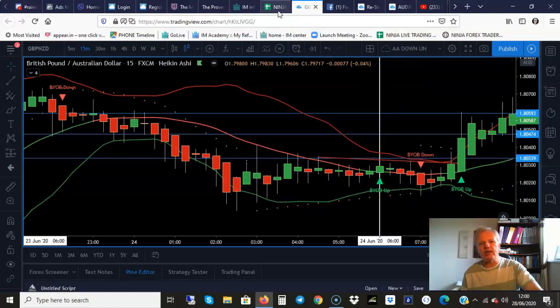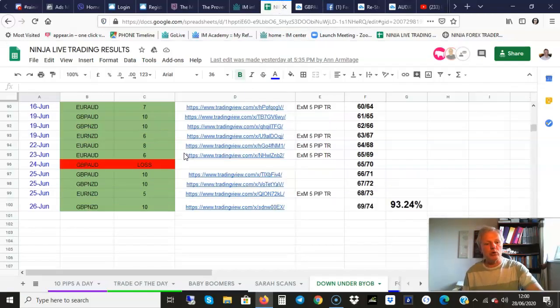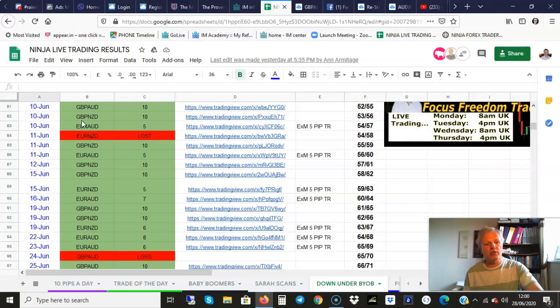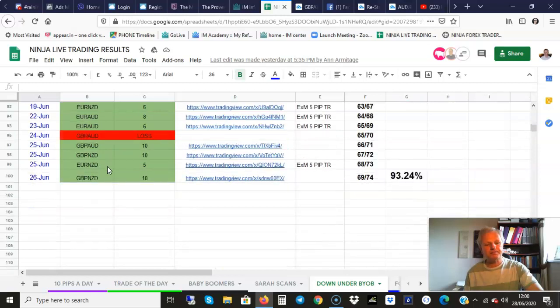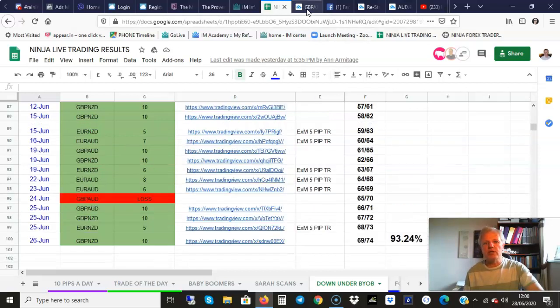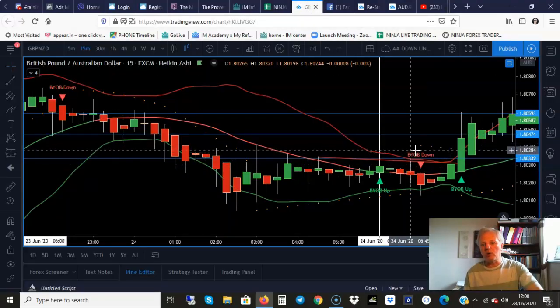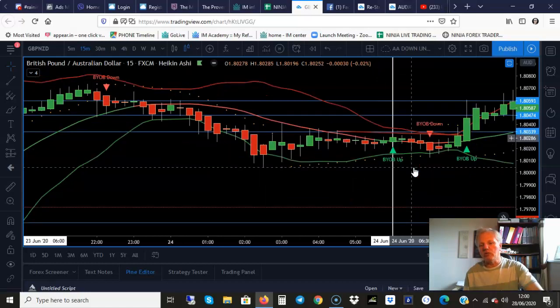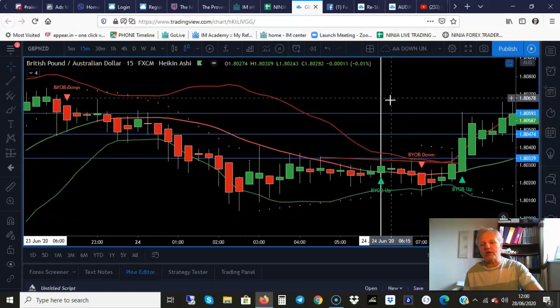And as you can see, all the green ones are 3% wins, and the red ones are not all 6% losses, because sometimes the parabolic SAR will be down there, sometimes it'll be up there. But in this case it was actually 20 pips away, which represented 6% of your trading account.